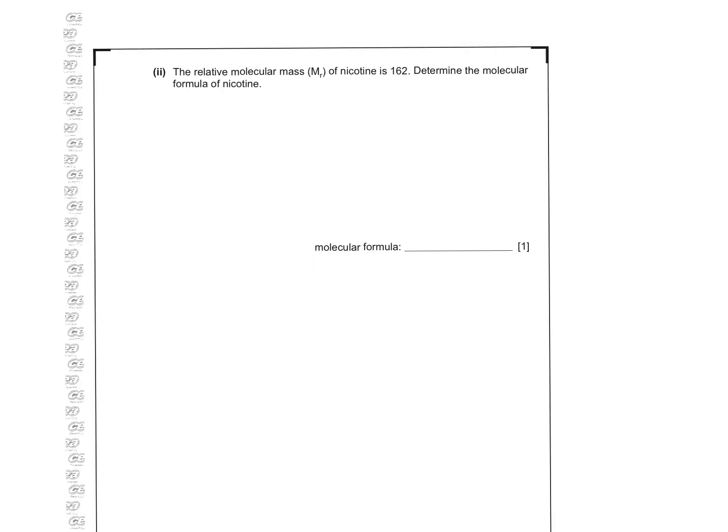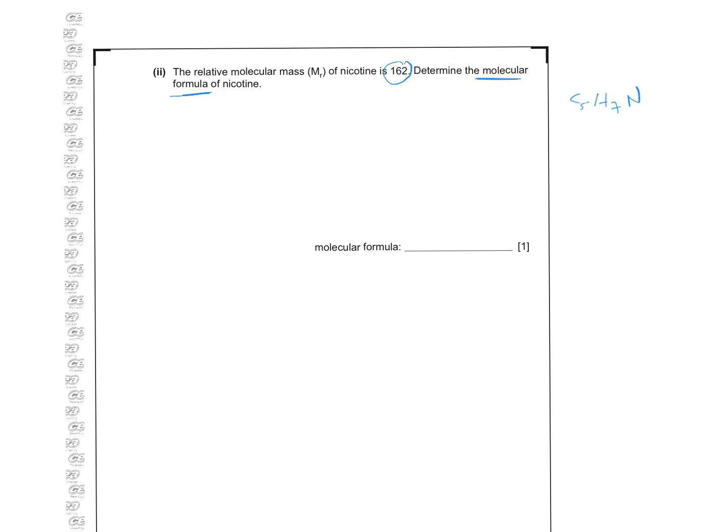Part 2 then, we have to determine the molecular formula. Now I'm just going to write down the empirical formula over to the right, so to remember what it is. Now the molecular formula is the actual number of atoms in a molecule. And the total mass of this molecule of nicotine is 162.